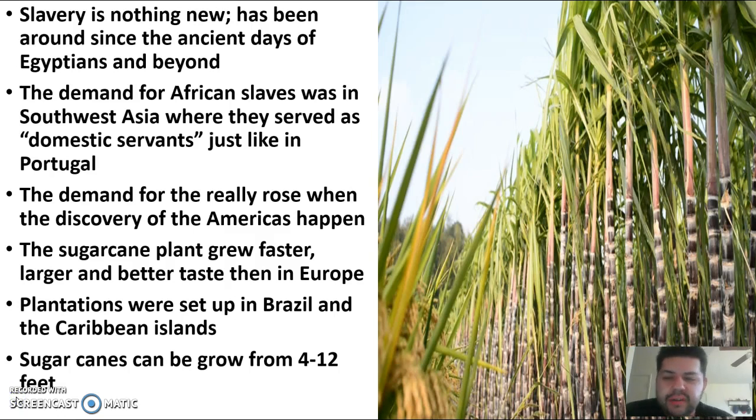Okay. So here's the last bit of notes. You have to remember that slavery is not new. It has been around since the days of the Egyptians and even beyond that. Usually, when one group conquers another, especially in older times, they would have them as slaves in one form or another if they didn't kill them.